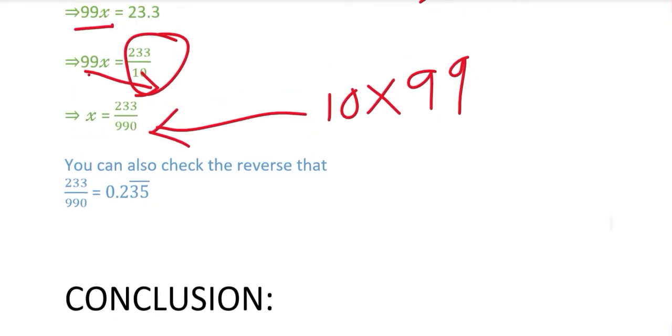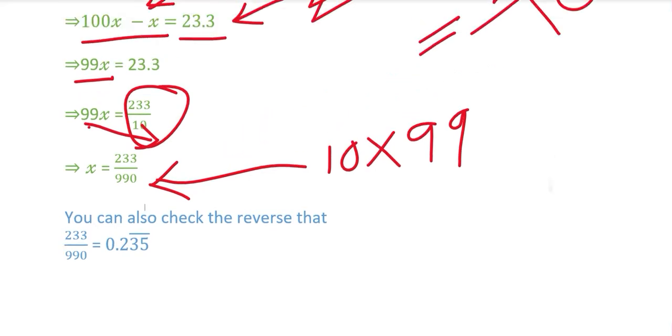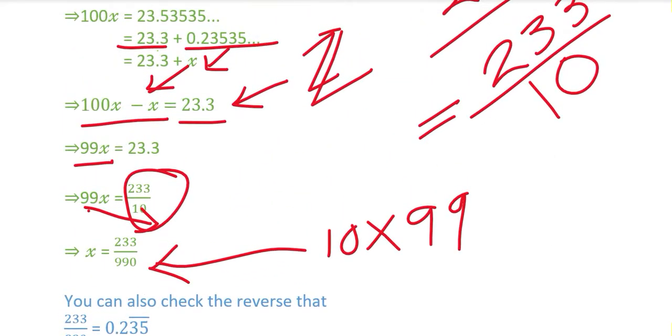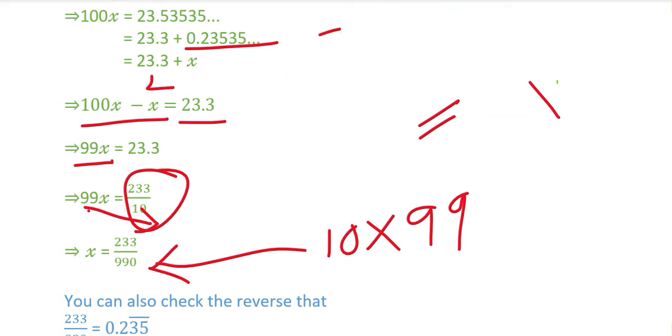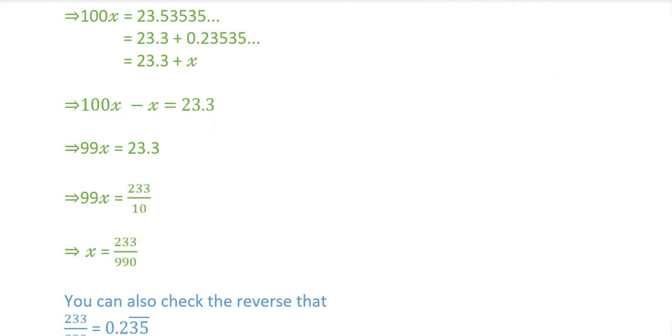So before we go to the conclusion, let us learn the shortcut, and also let me give you the question for this type. So you will be doing this, question number 4, right?